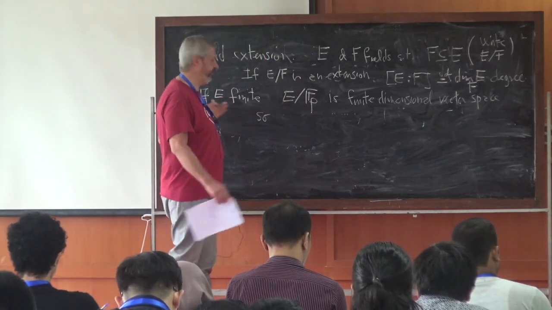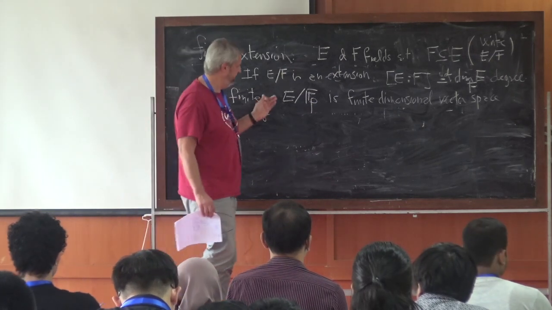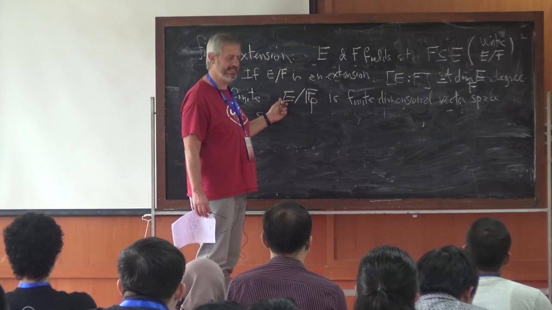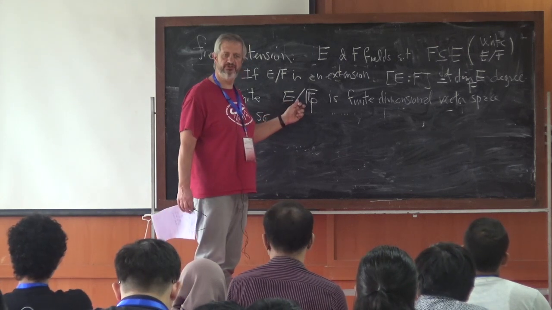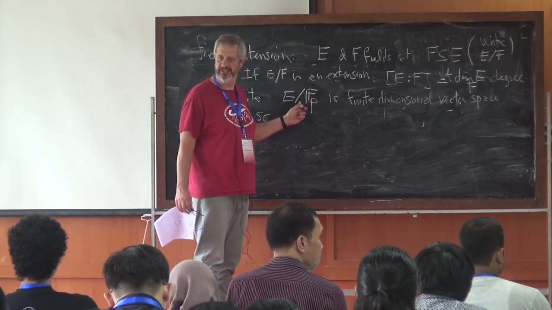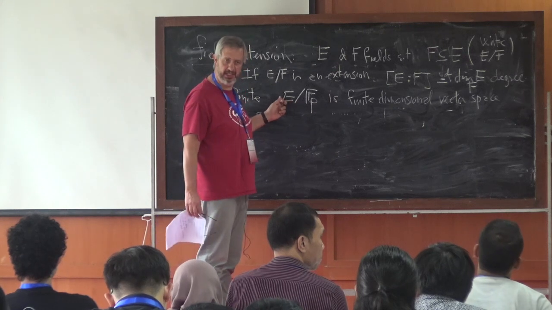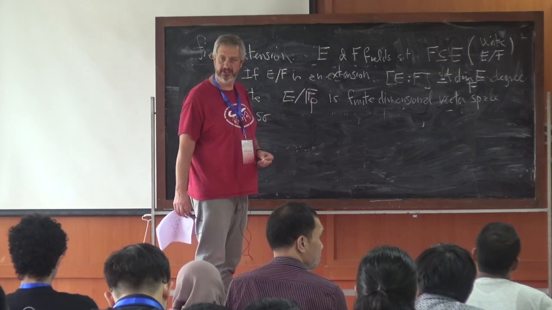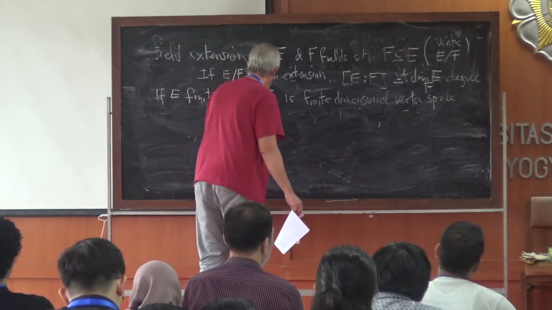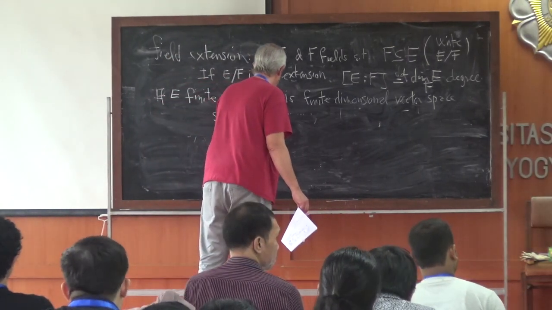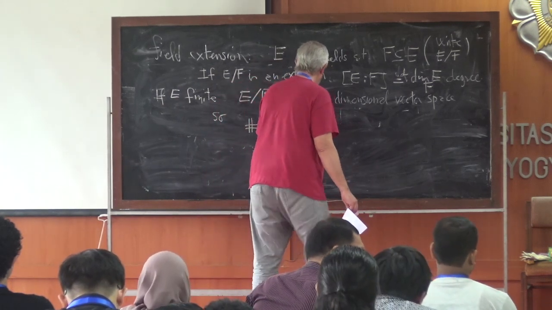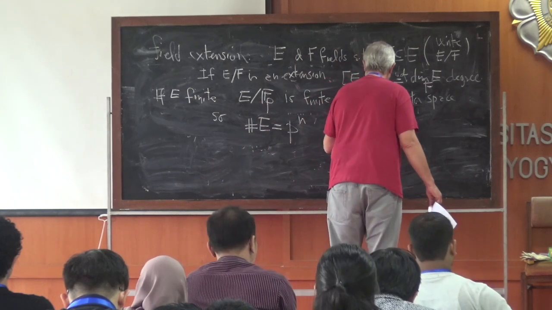It's finite dimensional because everything is finite here. And so it means that this, as a vector space, is isomorphic to a certain finite number of copies of this. And so the number of elements here will be the product of p as many times as the degree. So you have that the cardinality of this finite field is equal to p to a certain power n, where n is the degree.